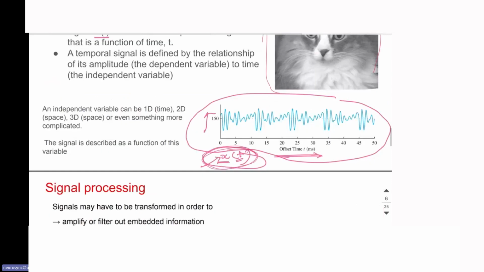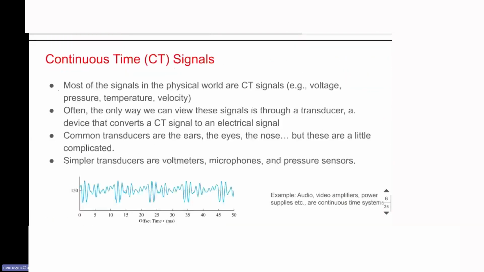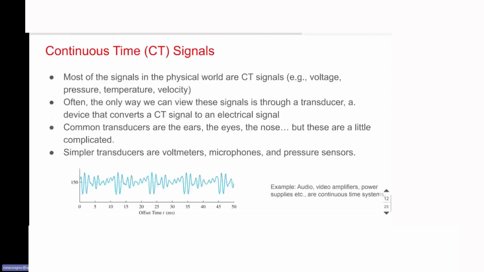Now what basically are a continuous time signal and a discrete time signal? How do we define the continuous time signal? In the physical world, most signals are in continuous form, and we call these CT signals.